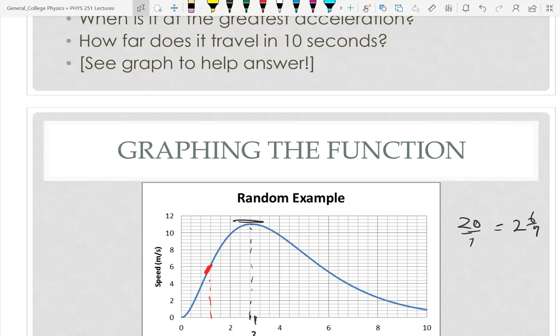Now, how far does it travel in 10 seconds? So this graph goes out to 10 seconds. How do I find how far it traveled from the graph? This comes back to understanding calculus, not just being able to do calculus. How did I go from an equation of velocity to finding the distance? I integrated.